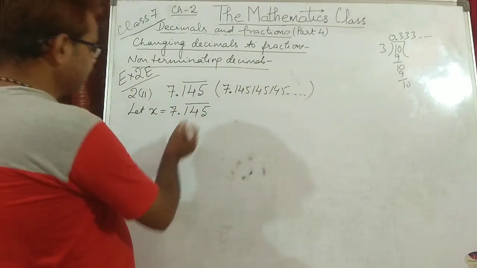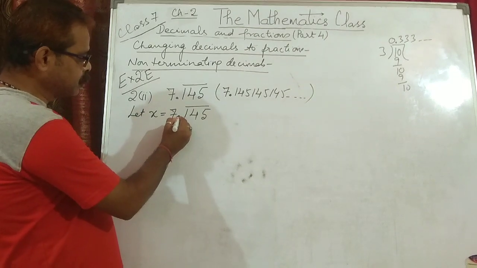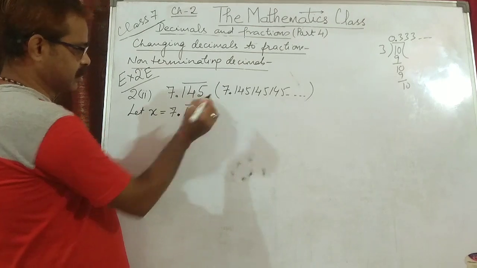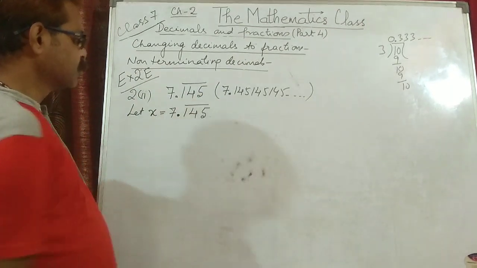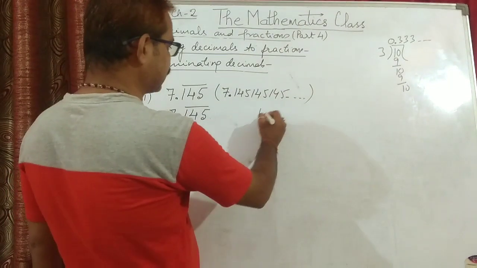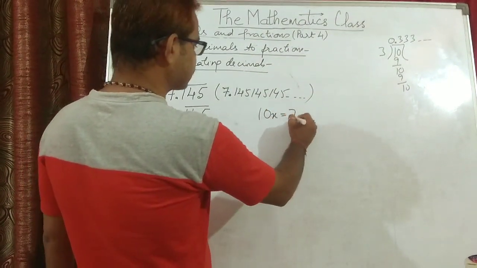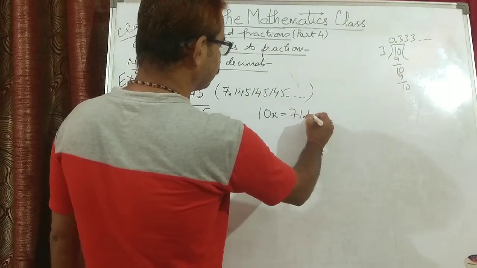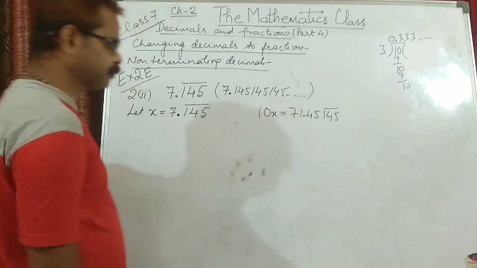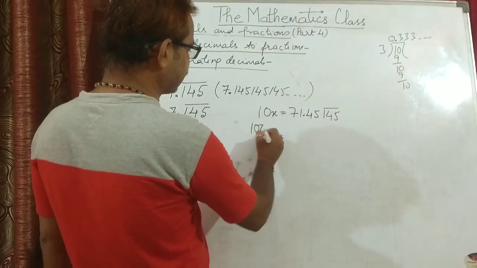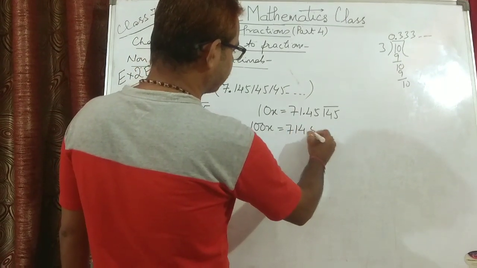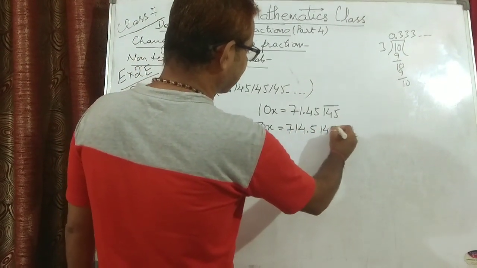So what we have to do, we have to shift this decimal to this place. This place means 3 digits. So if you multiply this number by 10, it will be 71.45 and 145 bar. If I multiply by 100, it will be 714.5 and 145 bar.